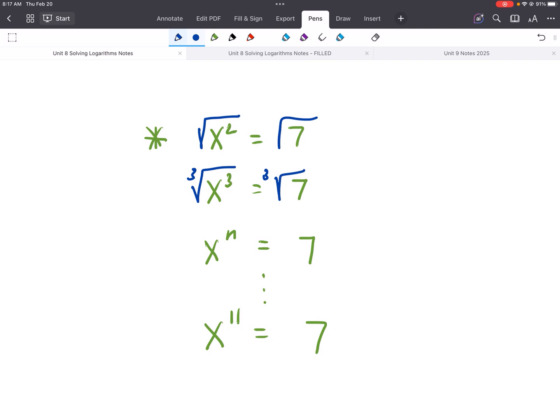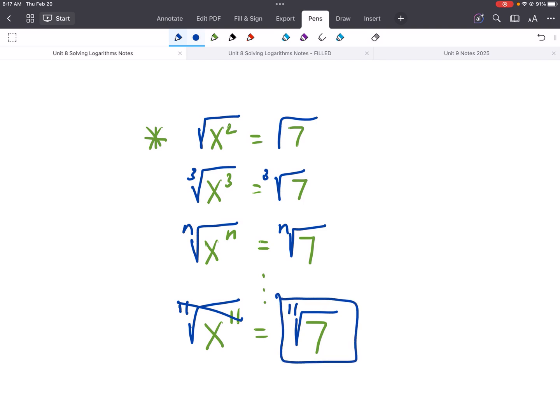So if you had an exponent of any number, then we could use that same number as your type of root. Like this very last one, we would do the 11th root. That would cancel, and we could just enter this as your answer for your homework, or you could evaluate it.